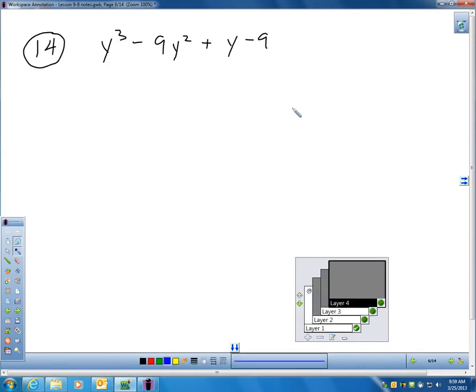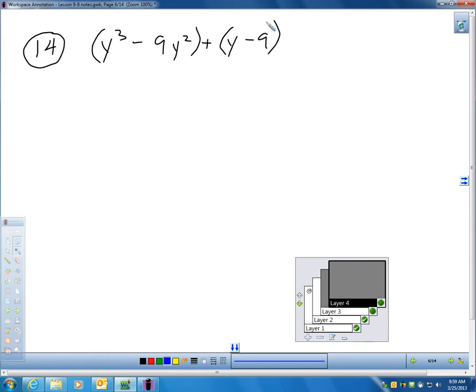Here's another problem I can group. I have a 4-term polynomial, and there's no greatest monomial factor that I can pull out of all of them. So I'll group and group. Group the first 2, group the last 2. And now I'll work with the first 2. I see that I have a y squared in common. I'll factor out the y squared.